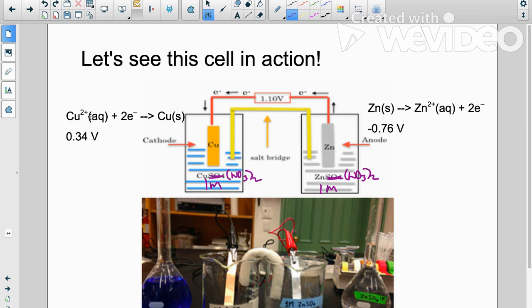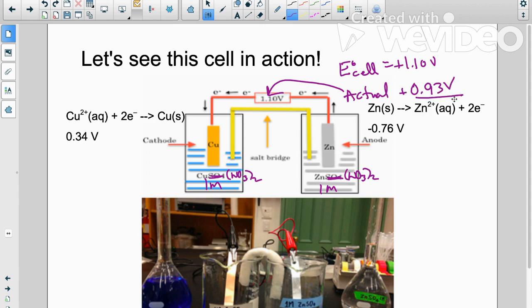So when we took these two, we expected a standard E cell of plus 1.1 volts. When we actually measured this, it was about 0.93 volts. So a little different, off by about 0.17. It's not the same.